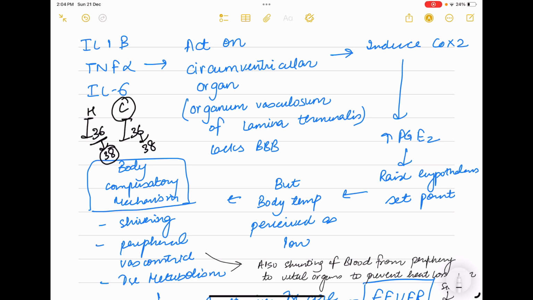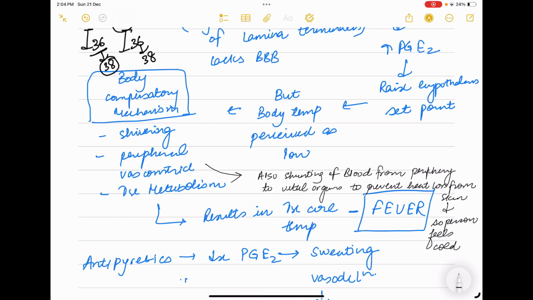So whenever the hypothalamic set point rises, there is shunting of blood from the periphery to vital organs to prevent heat loss from the skin. So the person feels extreme cold. There will be shivering, peripheral vasoconstriction, and increased metabolism. So there will be an increase in core body temperature, and that we perceive as fever.